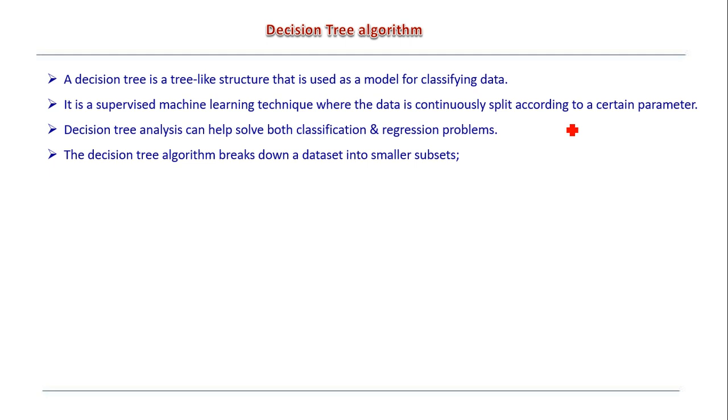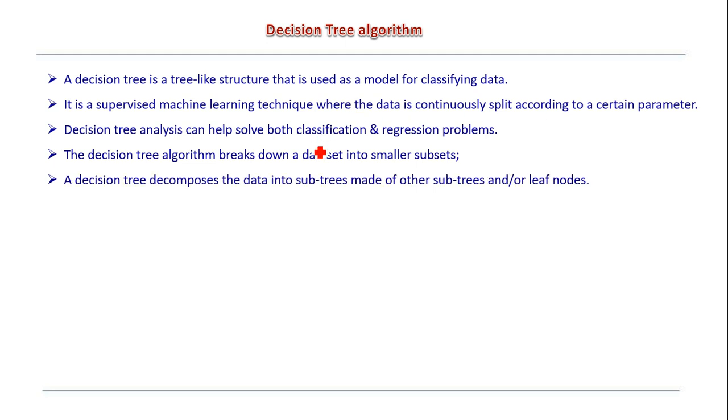The decision tree algorithm breaks down a dataset into smaller subsets. A decision tree decomposes the data into subtrees made up of other subtrees or leaf nodes. The root node decomposes into two parts, the left side and the right side. Those are leaf nodes, and decision nodes also. A decision tree is made up of three types of nodes.